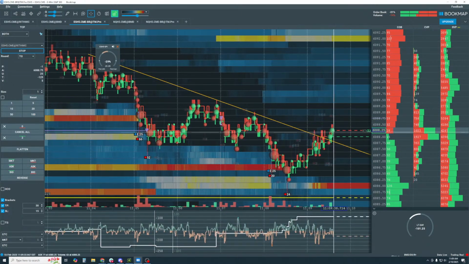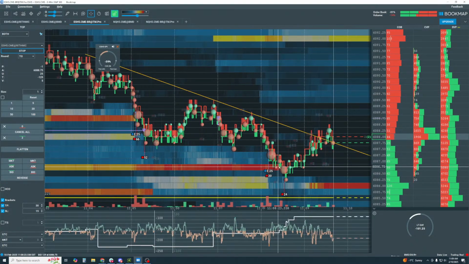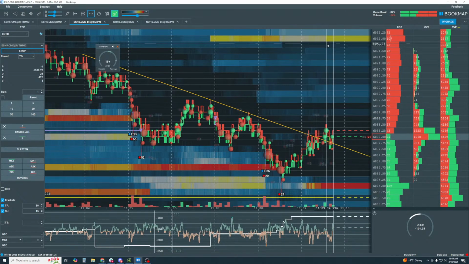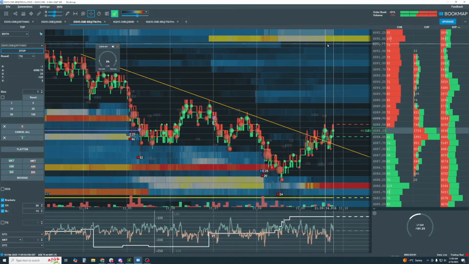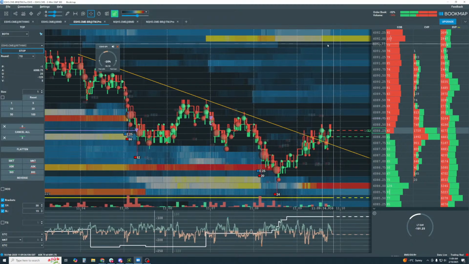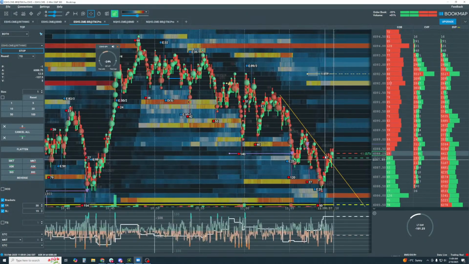See the buyers trying to take control back again, right? But we're still in a downtrend. A small one, of course, but we are.